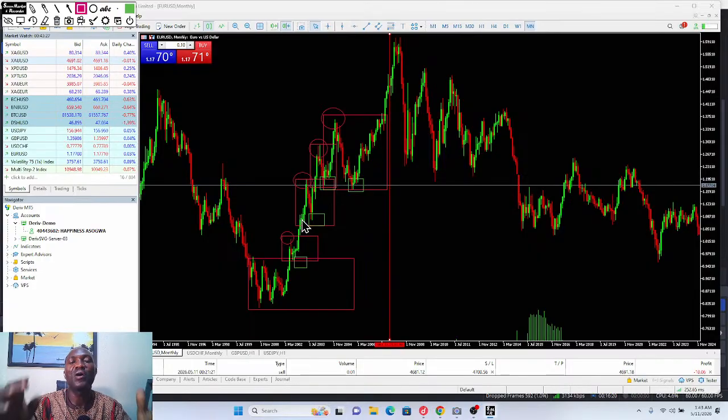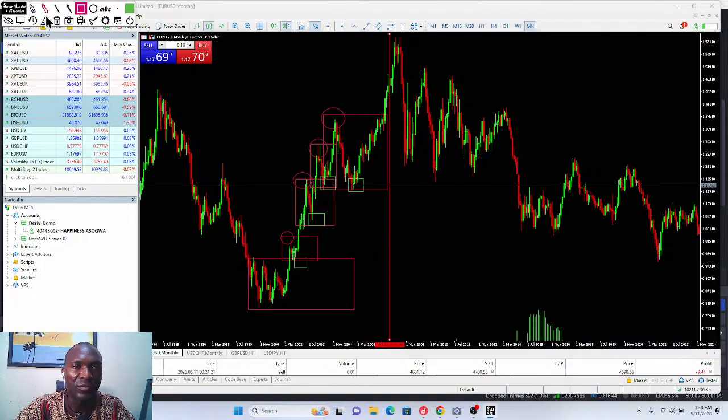So when you are considering the uptrend, market structure consists of a series of higher highs and then higher lows. That of a downtrend consists of a series of lower highs and then lower lows.